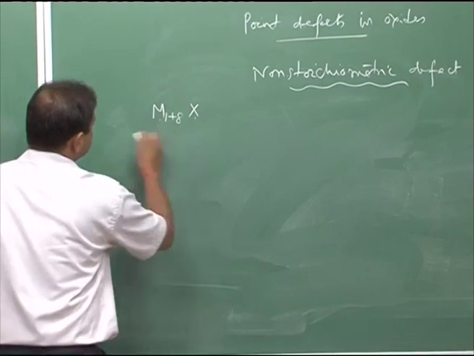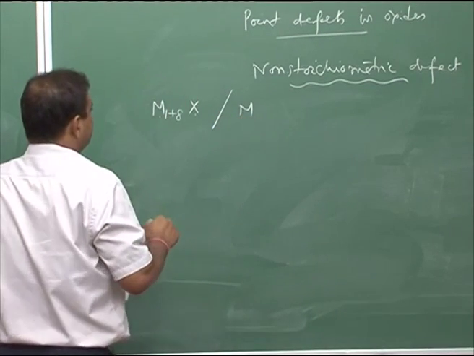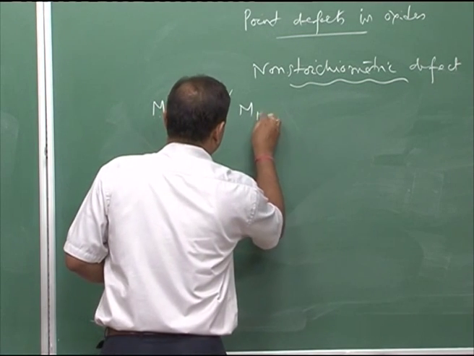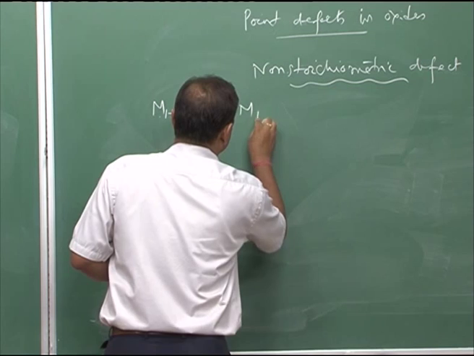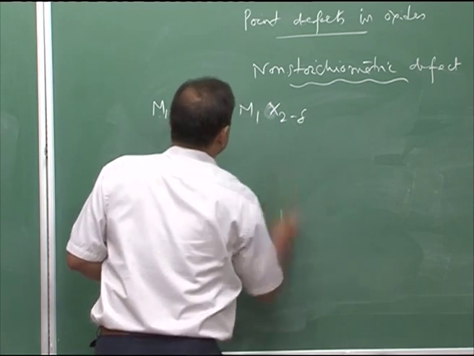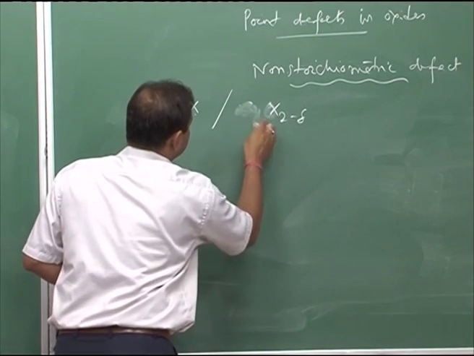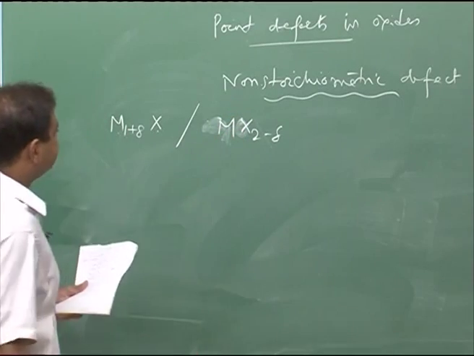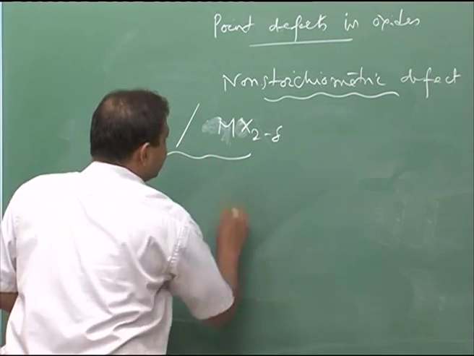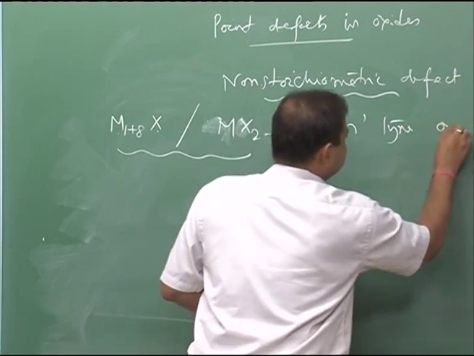So, this is metal excess, or there could be oxygen deficient oxides, M X 2 minus delta. So, they form n type oxide.